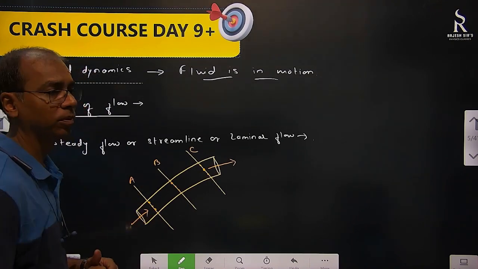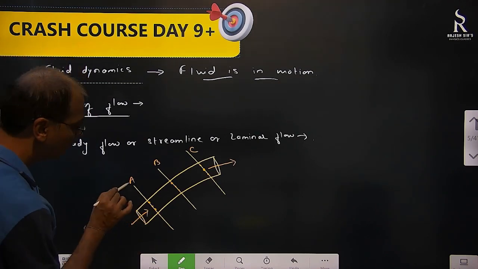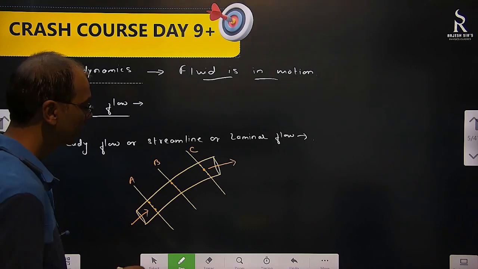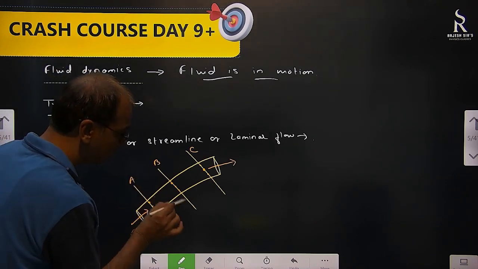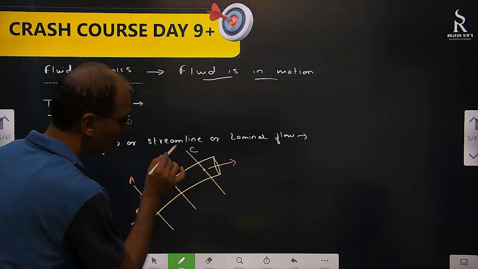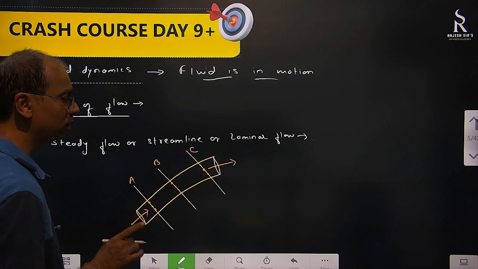Normally when we talk about particles, we will associate only velocity there. So velocity at point A for all the particles which are coming will be same. Velocity of all the particles which are reaching at B will be same. Particles' velocity here at C also will be same. Am I saying VA equal to VB equal to VC?